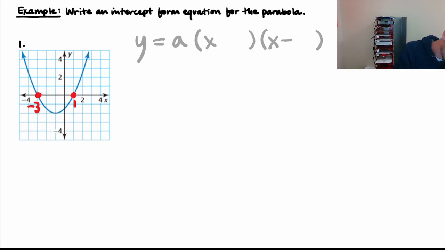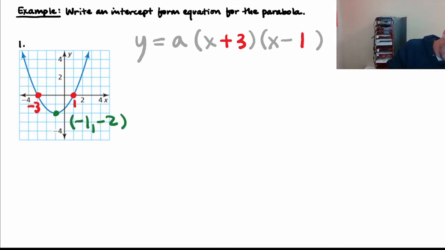So I plug those in, and now the work I have to do is to find the value of a. Down here I've got my vertex at the point where x is -1 and y is -2.